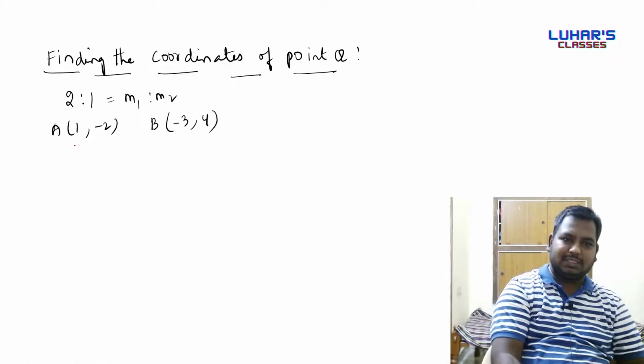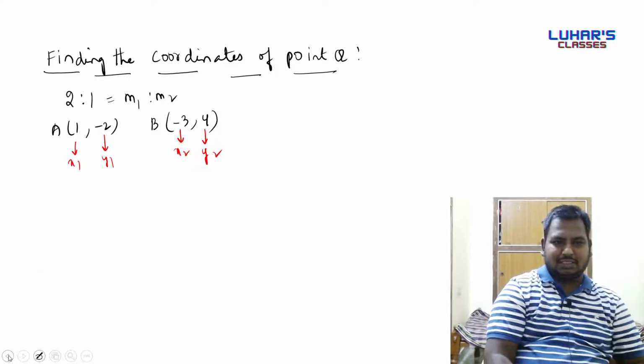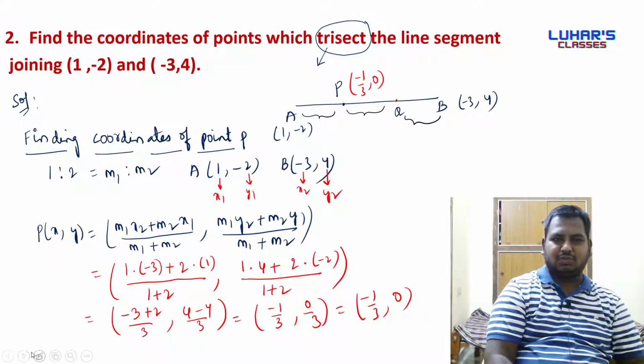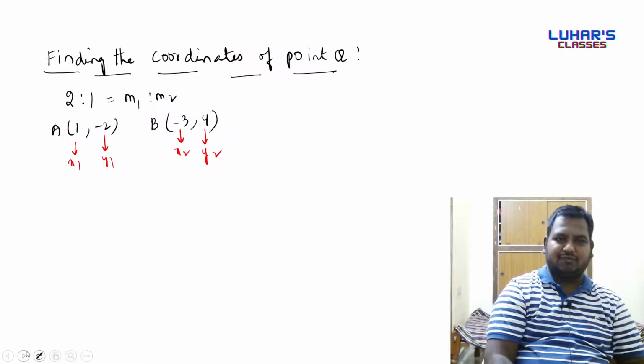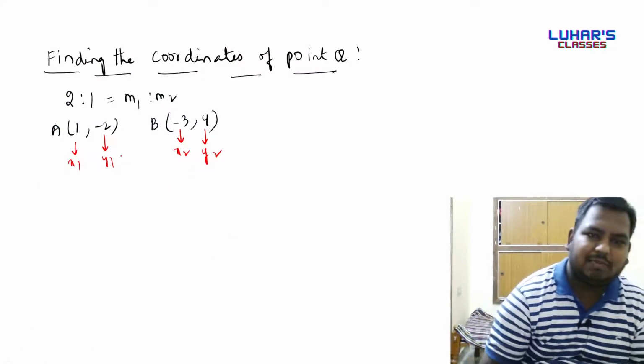So this is x1, this is y1, this is x2 and this is y2. Let me check the coordinates once again: (1, -2) and (-3, 4). Done. Now let us find the coordinates of point Q by applying the section formula.